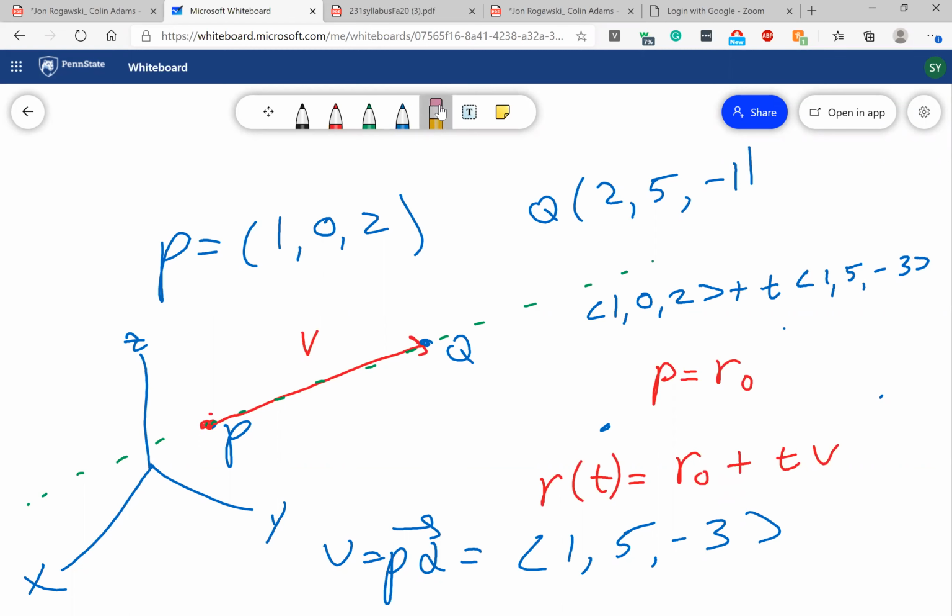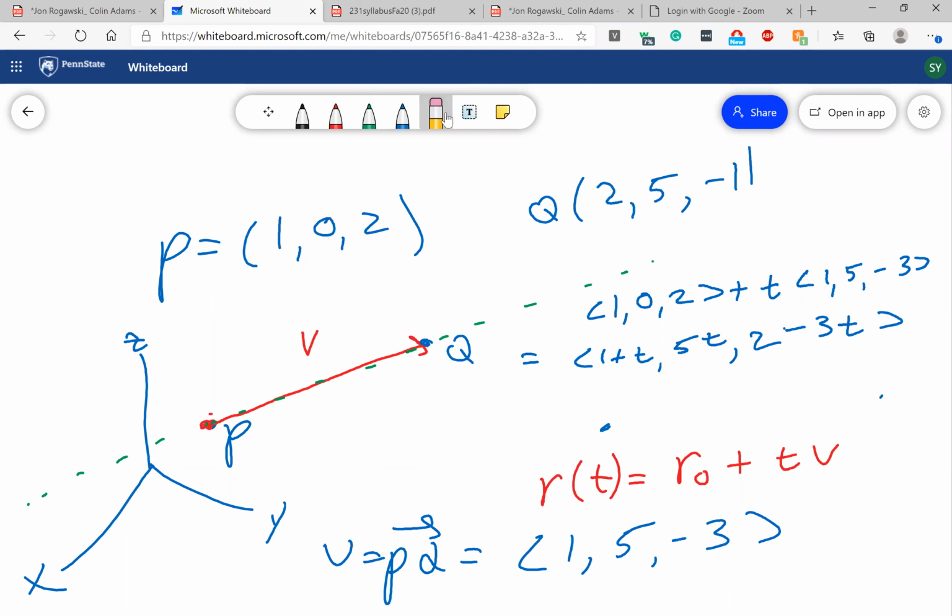Or in other words, you can simplify this. So this is going to be equal to 1 plus t, and then 0, and then you're going to have 5t, and then you're going to have 2 minus 3t.